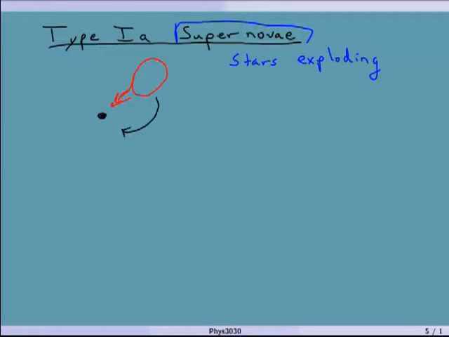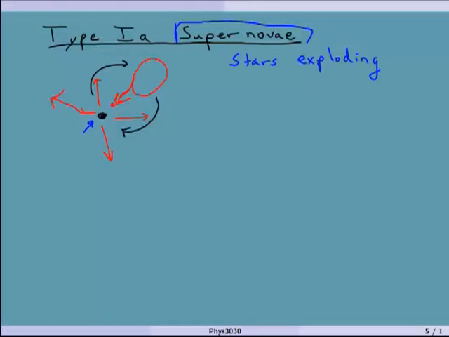Crazy setup. At some point, this tiny little star, which is a neutron star, a really dense star, gets enough material from the other that it explodes in a huge supernova. We might get to the details when we start talking about stars much later in the course.